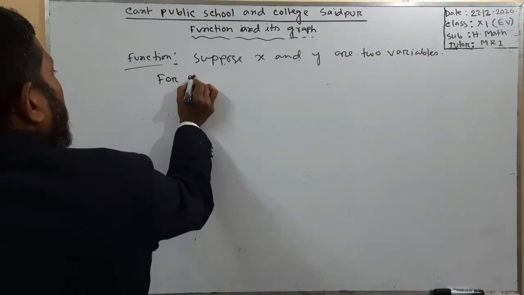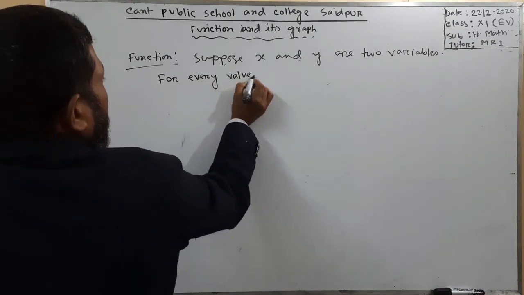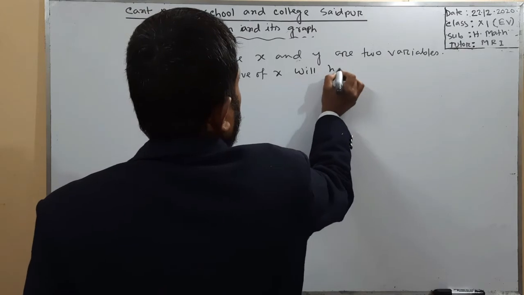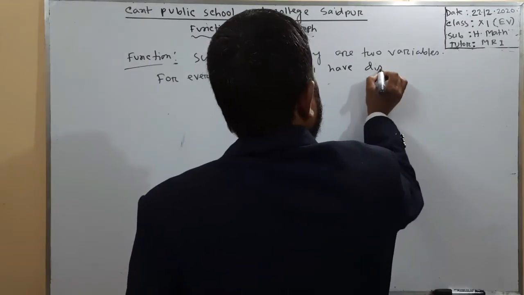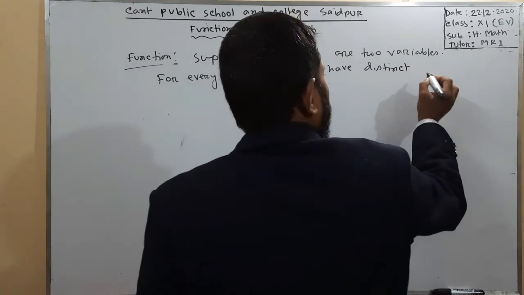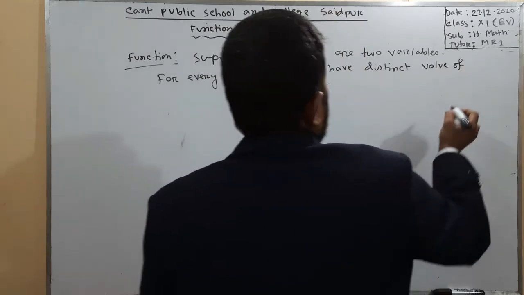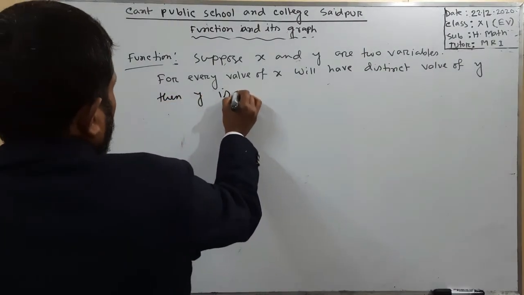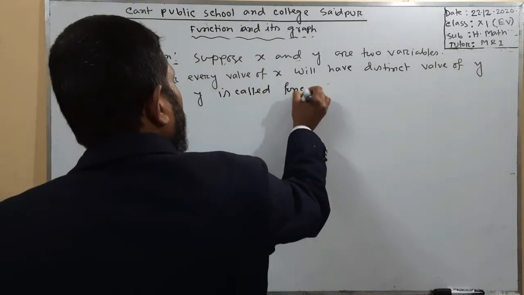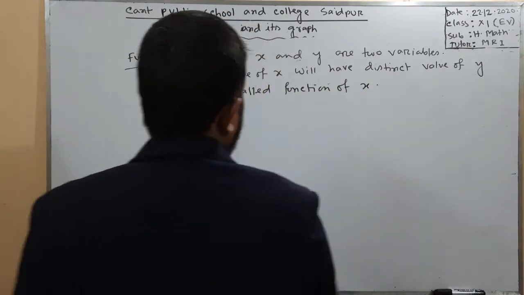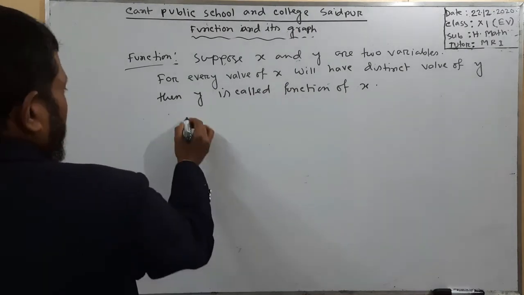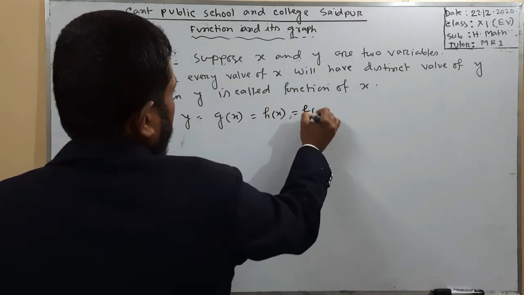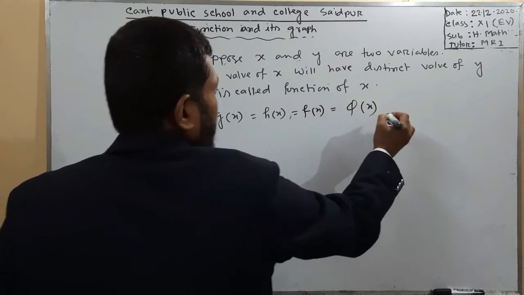For every value of x, if we have a distinct value of y, then y is called a function of x.